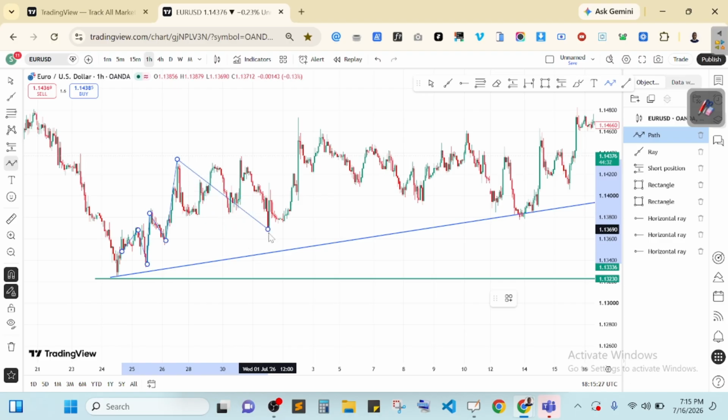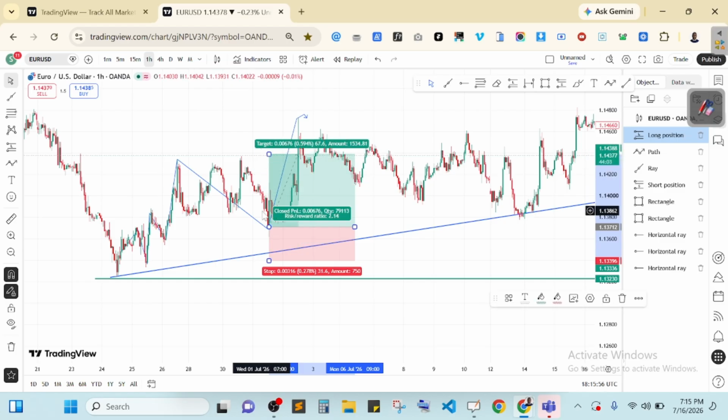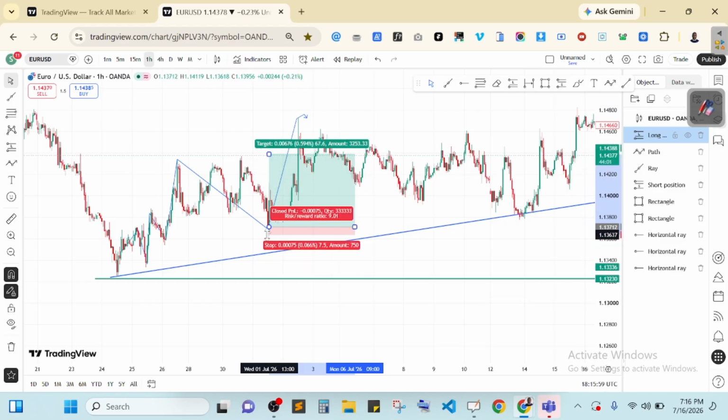So as it happened, this is where I will have entered, like I'm just showing you. That is a signal. So even though I have a daily target, there are still some entries that I'm taking advantage of. So like this, I would have entered here, and this will have been my something like this.